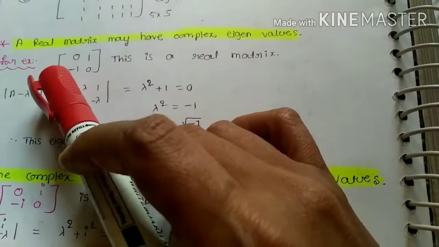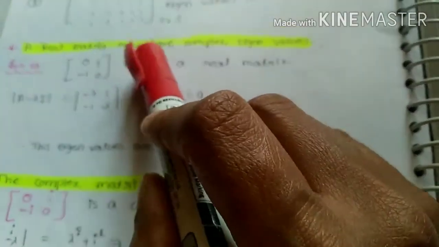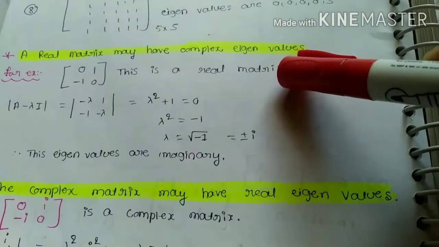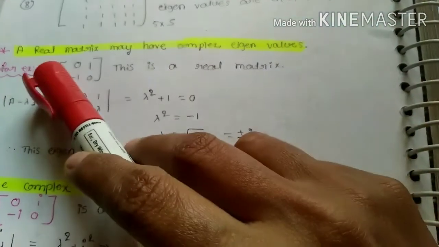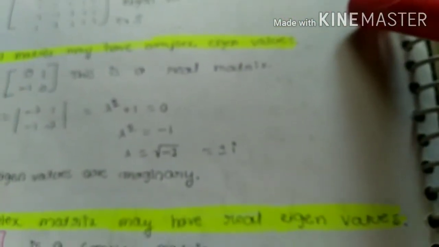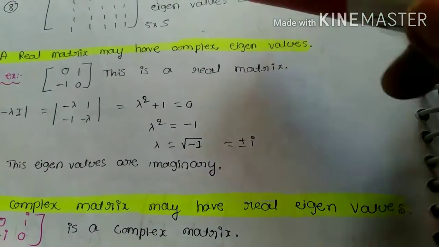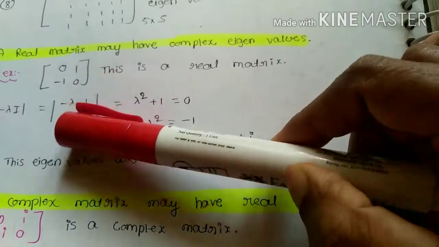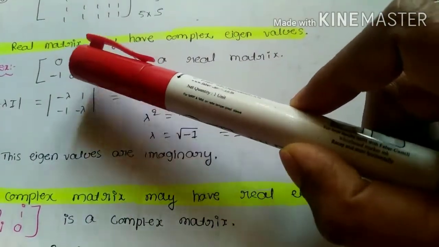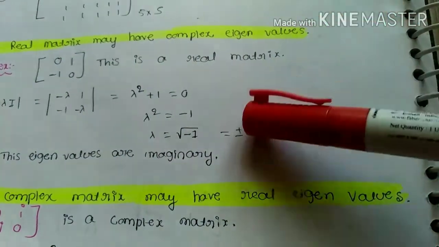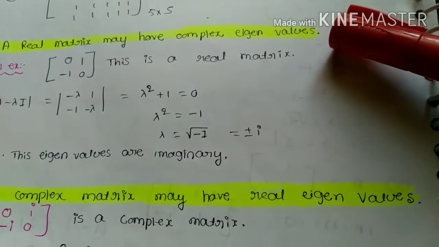So the next point is, a real matrix may have complex eigenvalues. Of course. We already solved this in examples, and we get our eigenvalues in complex form.